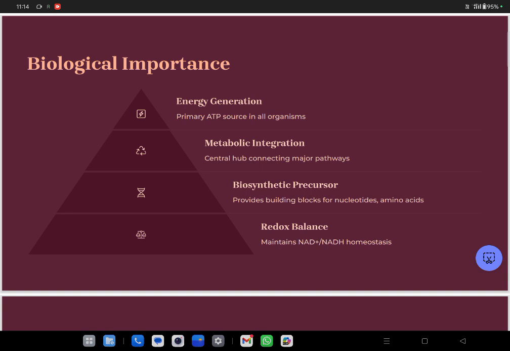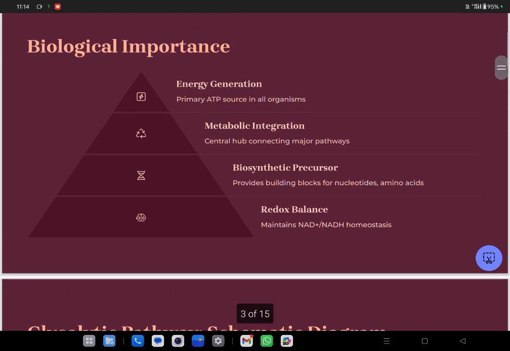And it provides biosynthetic precursors. That is, it provides building blocks for nucleotides via the pentose phosphate pathway, where riboses and deoxyriboses are formed, and for amino acids. Several amino acids can be synthesized from glucose through different processes.